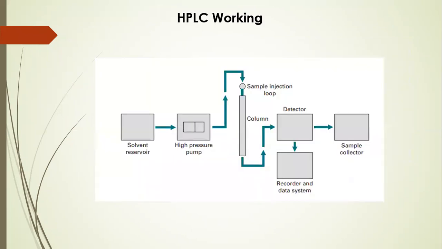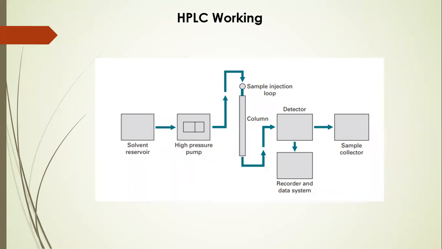And now let's discuss the HPLC working. As we already discussed the phases present in normal phase and reverse phase HPLC, the work of a pump is to pump the mobile phase into the column, and we inject the sample through the sample injector loop.